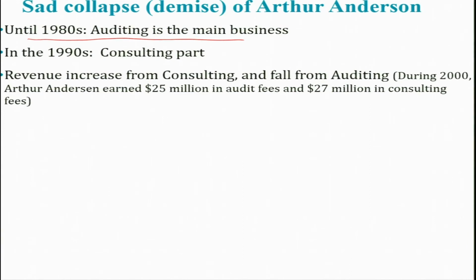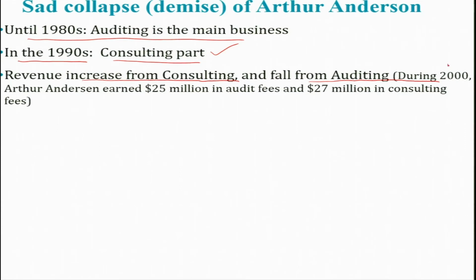But because of the competition and growth of the financial sector in the 1990s, consulting became another important component of this company. There was a huge increase in revenue from consulting, and a fall of revenue from the auditing business.